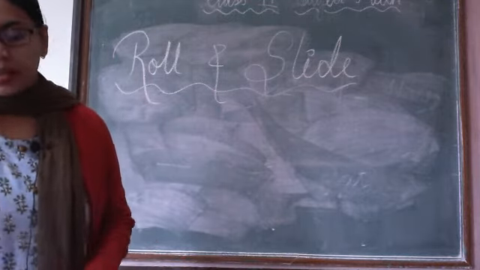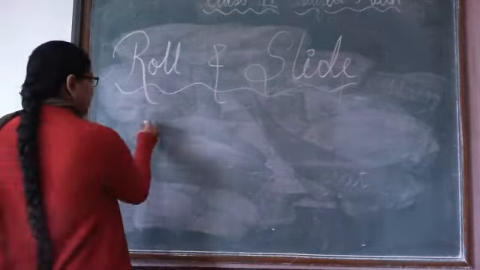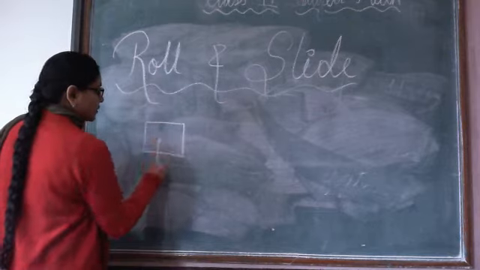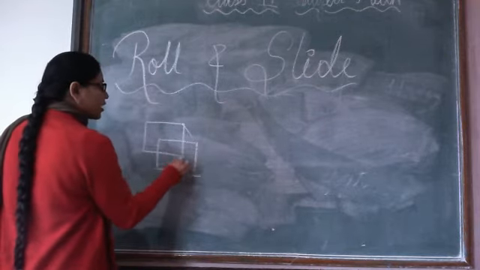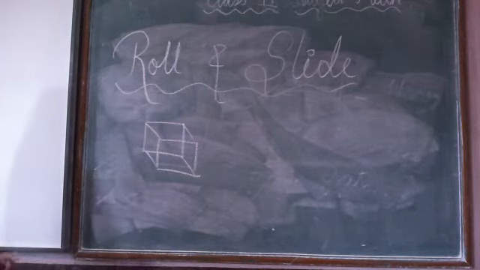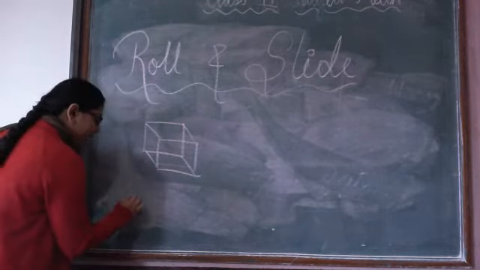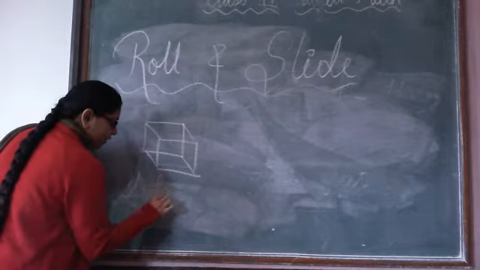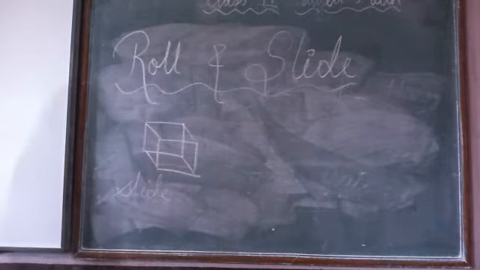Now, see the cube. Now tell me, will the cube roll or slide? Yes, this will slide. Why? Because it has a flat surface.